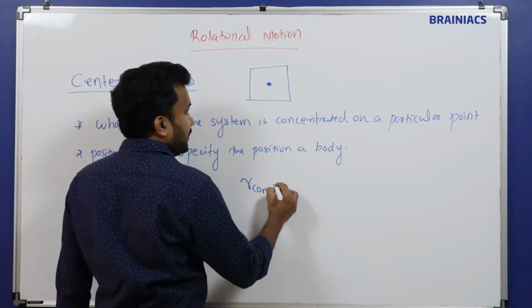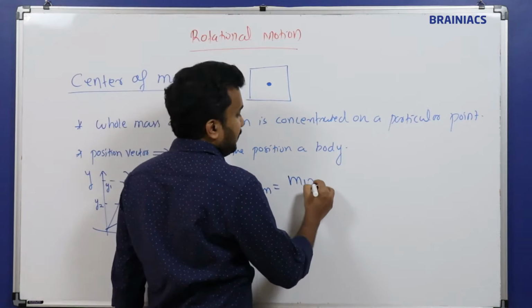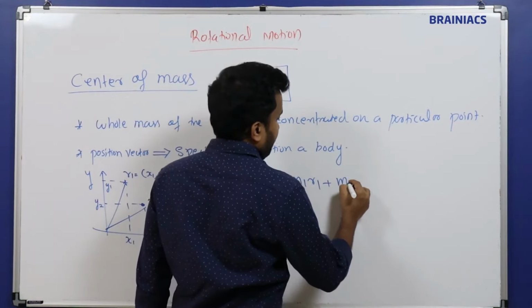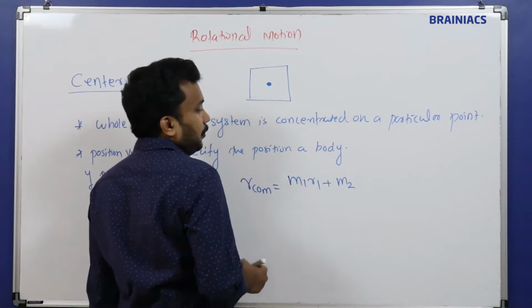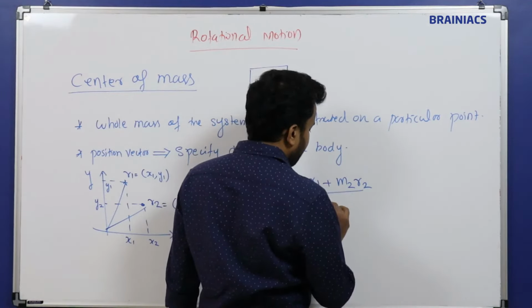The position coordinate of the center of mass is equal to m1 r1 plus m2 r2 divided by m1 plus m2.